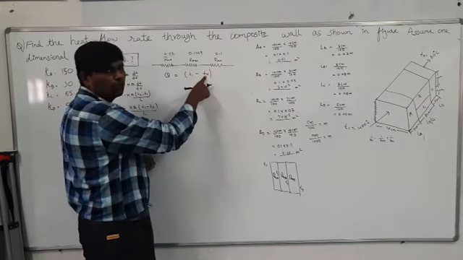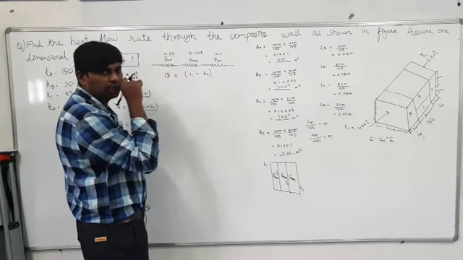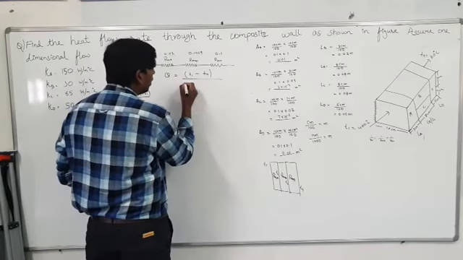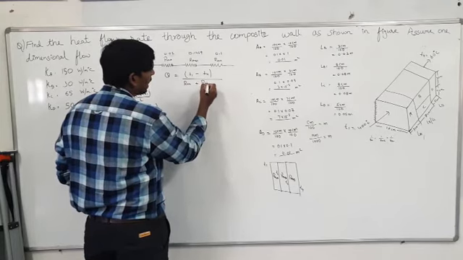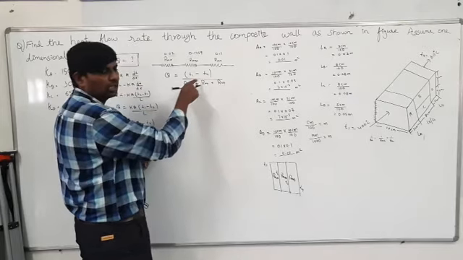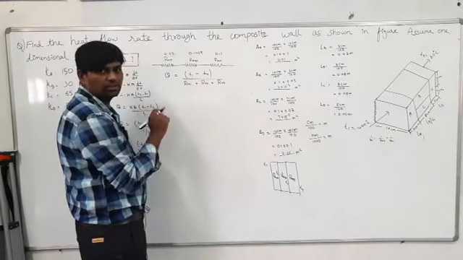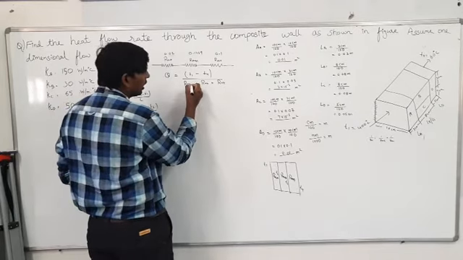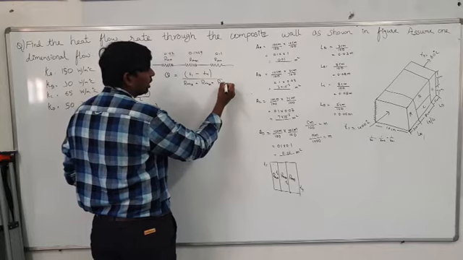If there are 4 temperatures, in the denominator there will be one less, that is 3 terms. So here you take RTH plus RTH plus RTH. If 4 means 3, 5 means 4, 6 means 5, one less. So here you take RTHA, here BC, and here D.